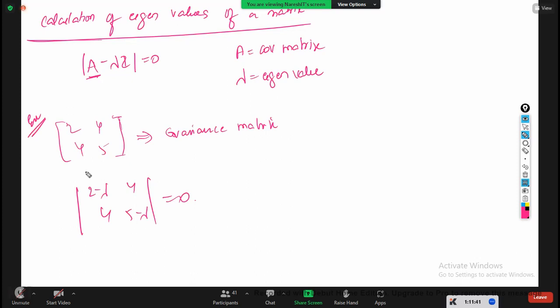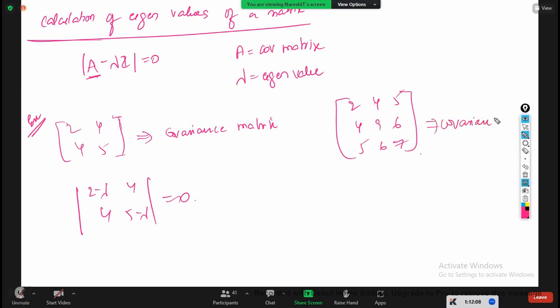For example, you have a matrix like this: 2, 4, 5, 4, 9, 6, 5, 6, 7. This is the covariance matrix, where the upper triangle and lower triangle should be the same, and the diagonal values should be the variance values.